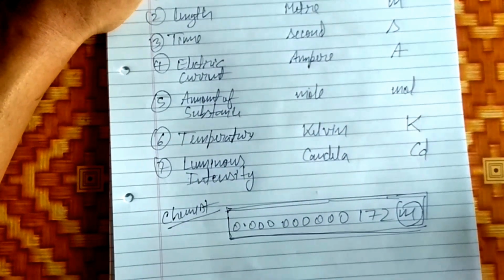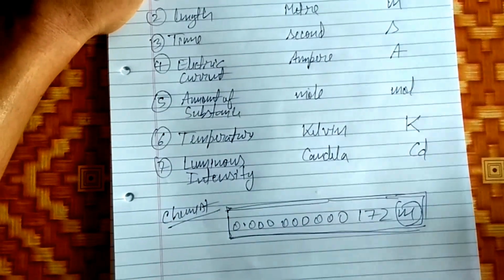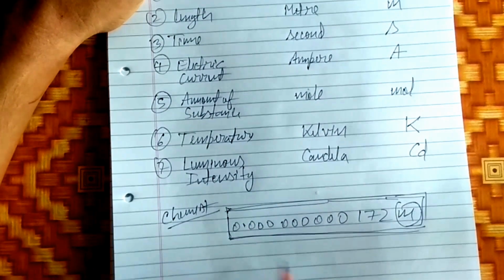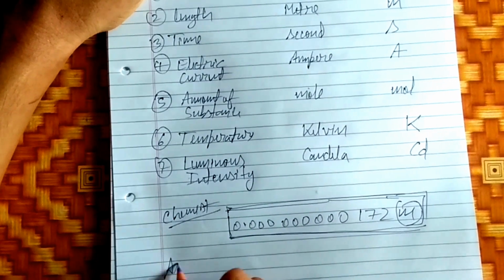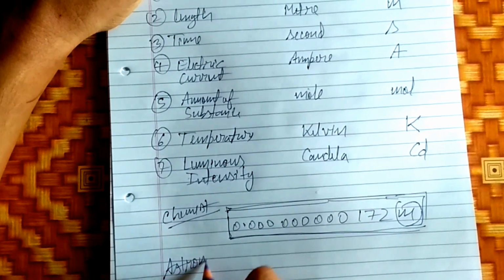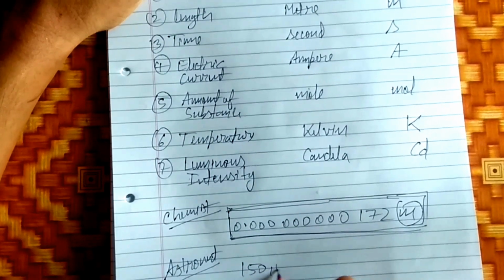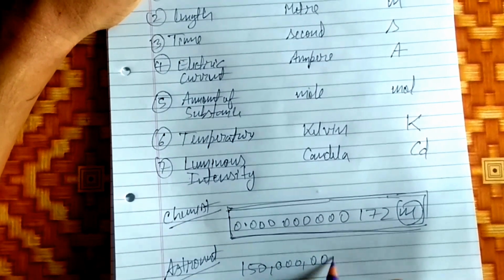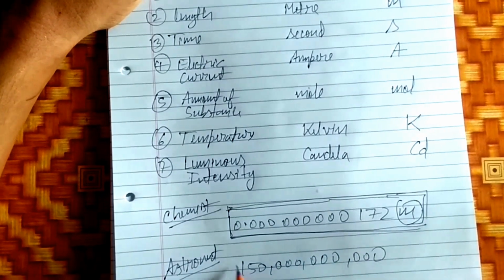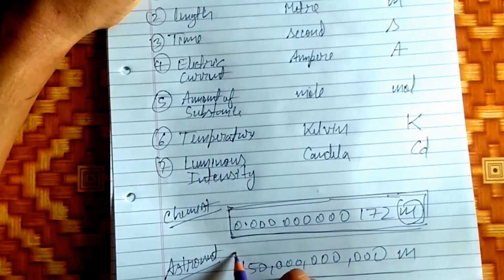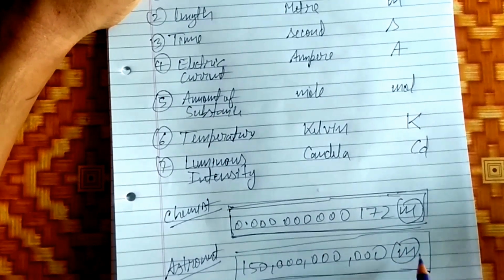Similarly, an astronaut describes the average distance of Earth from Sun as 150,000,000,000,000 meters. Again, this meter is too small for this quantity.